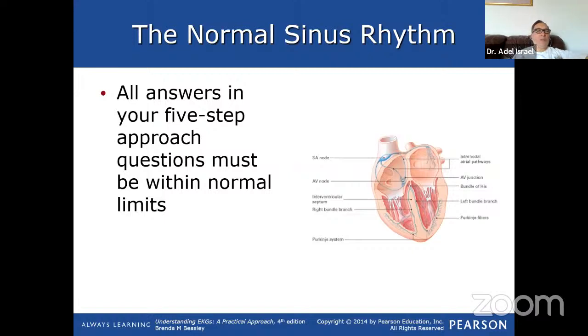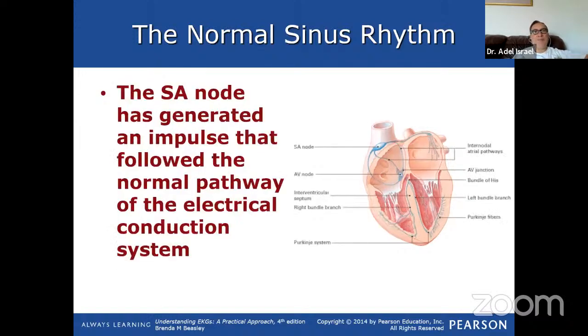Like I told you, if we have the 5 answers for the 5 steps coming as normal, this is what we call normal sinus rhythm. Then we have the normal sinus rhythm pathway.